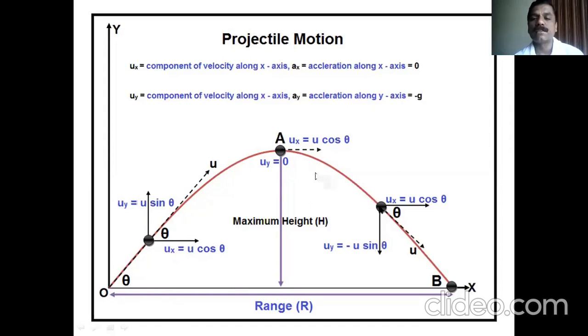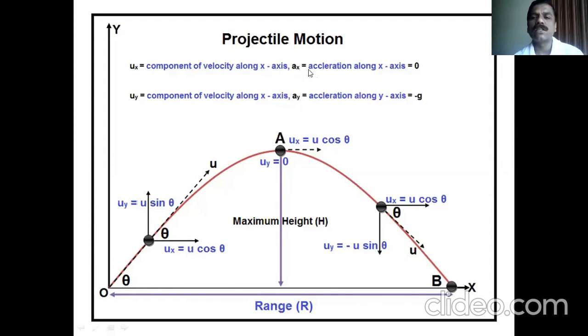Similarly, when the object is moving in the downward direction, you will find the horizontal component of the velocity remains constant. It means the velocity in the vertical direction goes on changing because of the gravitational force. So you will find here ux, the component of velocity along the x-axis, and uy, the component of velocity along the y-axis. Already we have seen this component along the x-axis remains constant.